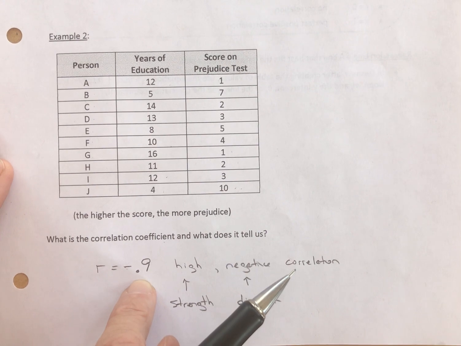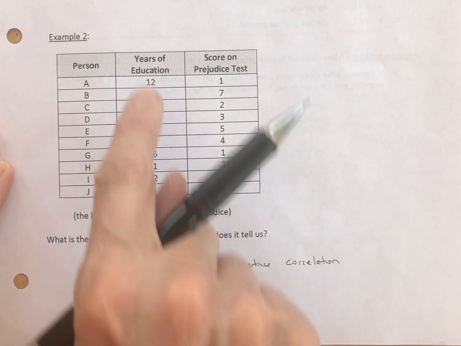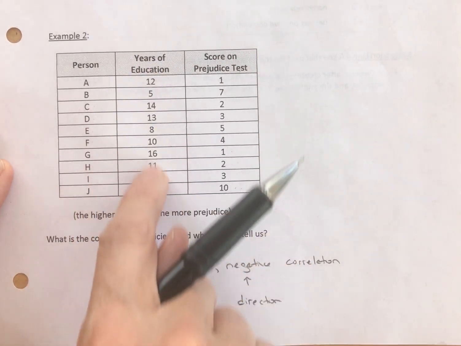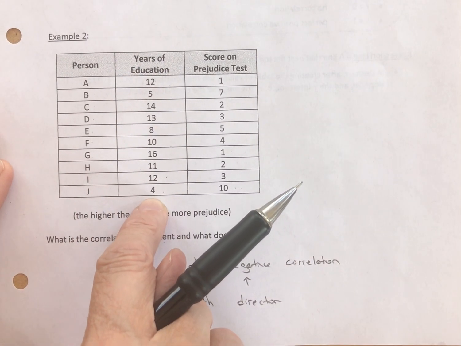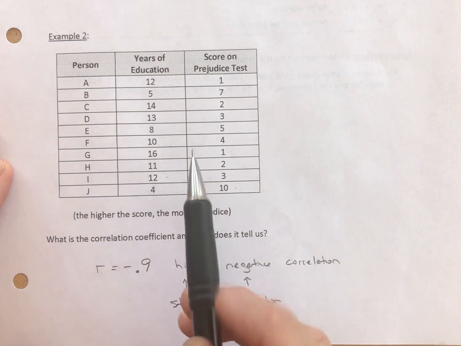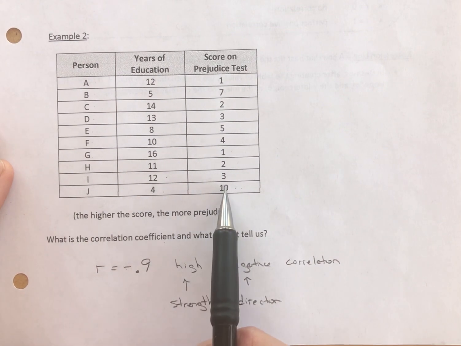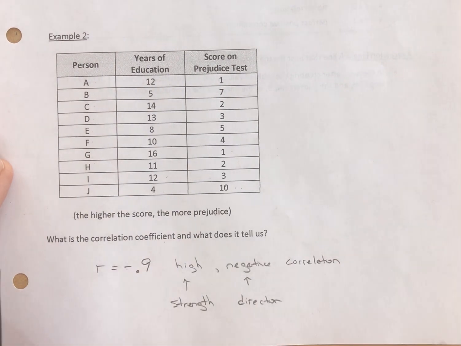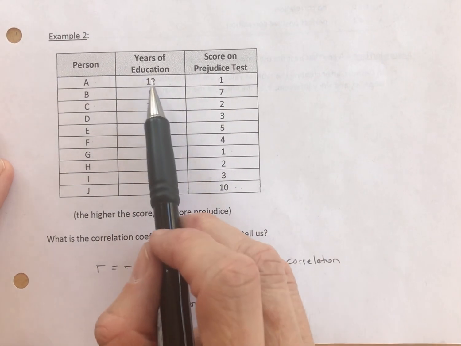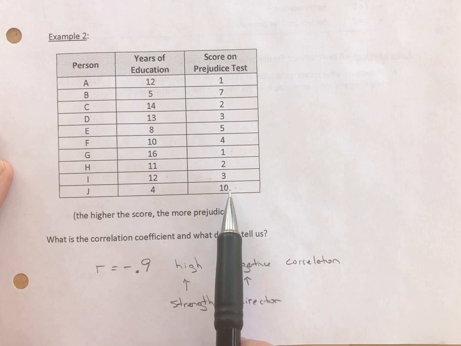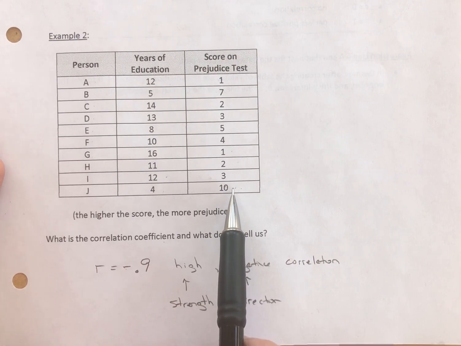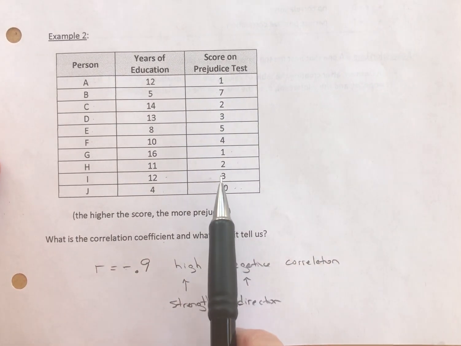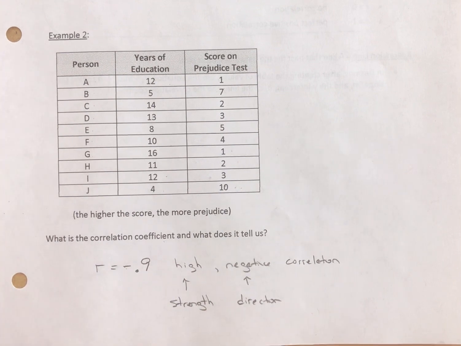So if somebody were to say, we're trying to eliminate prejudice, well, it's pretty clear that what we're looking to do here is get more years of schooling in there for people, because those who had fewer years of schooling did not score very well. Those who had the higher years of schooling scored quite well, in terms of being low, of being not prejudiced. So there you have it.